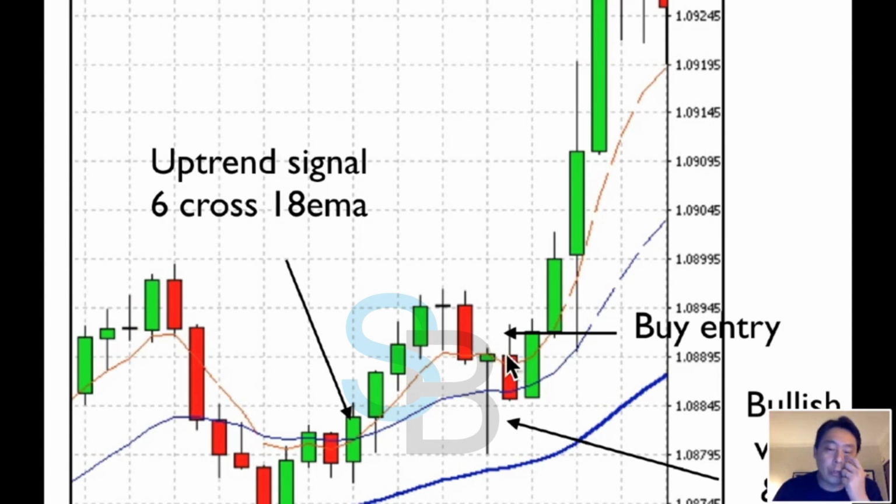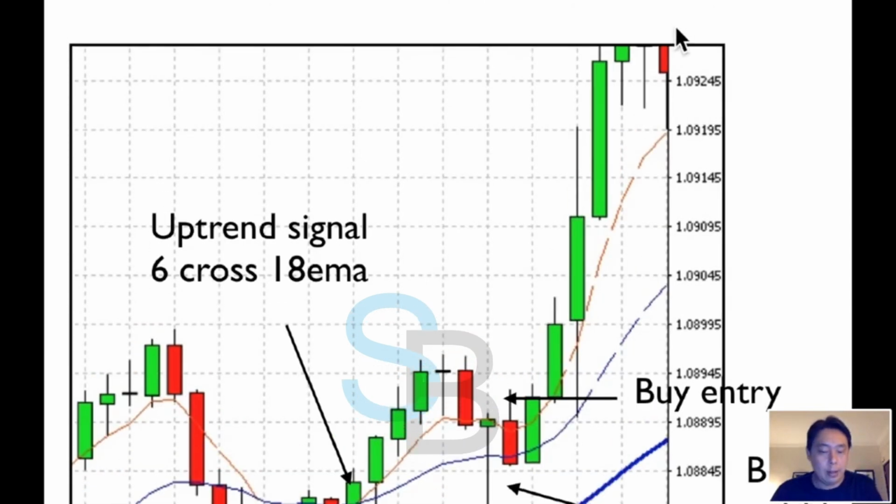Usually what I do is, once this candle closes, I place a buy stop order just above the high of this candle, and a stop loss below the low of the candle. So if the next candle goes above the high, it gets triggered, I'm in the trade and I'm long.